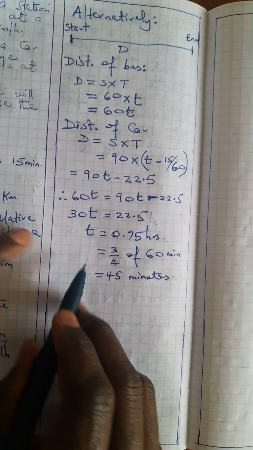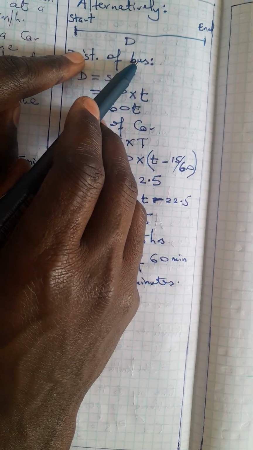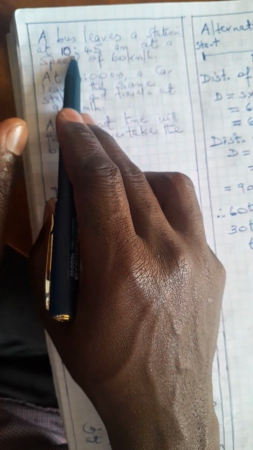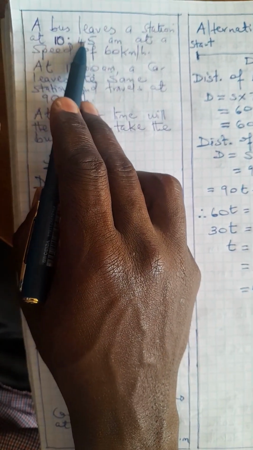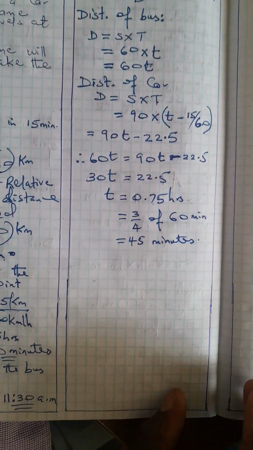So this value t is the time of the bus. And when does the bus begin the journey? The bus begins the journey at 10:45. So from 10:45, you add 45 minutes to the catching up point.